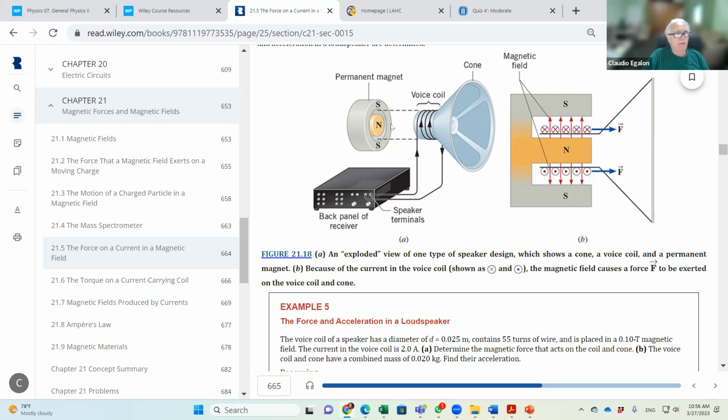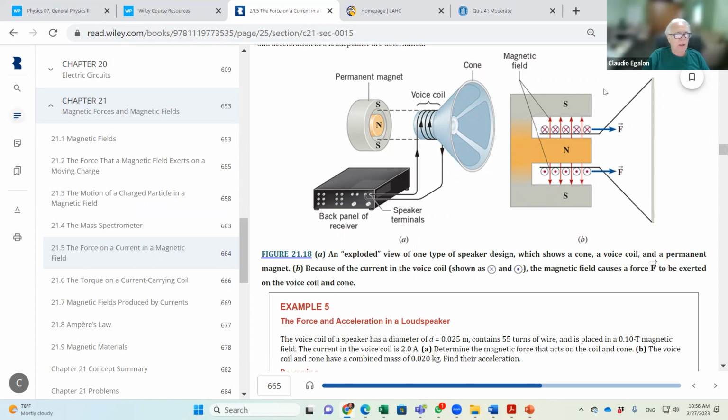The speaker is inserted here in this magnet. We have this wire wound around the speaker. And we have this receiver that's varying the current direction back and forth. As we do that, we change the direction of the force. Sometimes the force is to the right, sometimes the force is to the left.